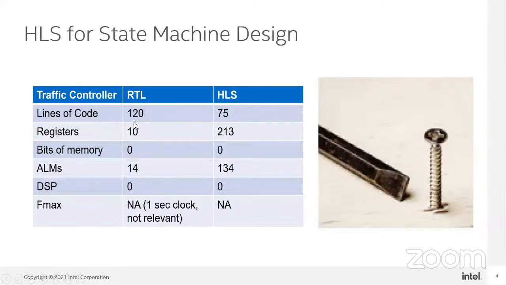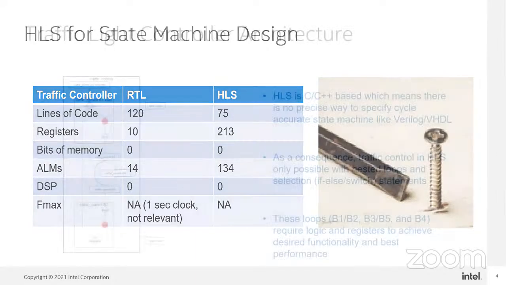But the number of resources, if you see, it takes only 10 registers in RTL, but 213 registers in HLS. ALM only 14, here it is 134. Now the question to us is, why is the HLS code taking more registers and more ALMs when compared to what we have developed? There are two main reasons for it.